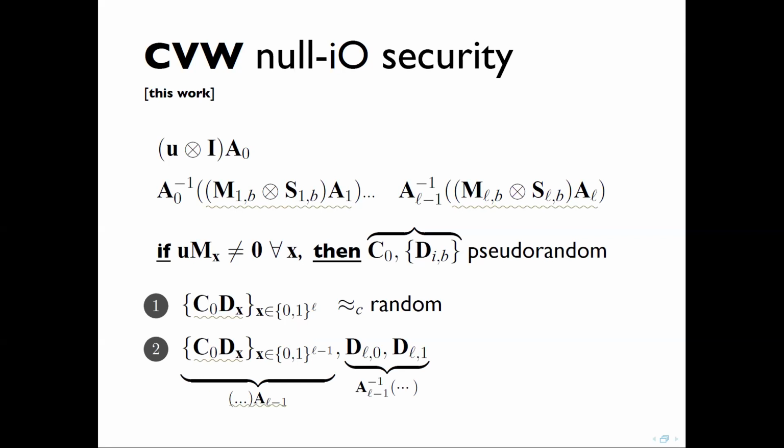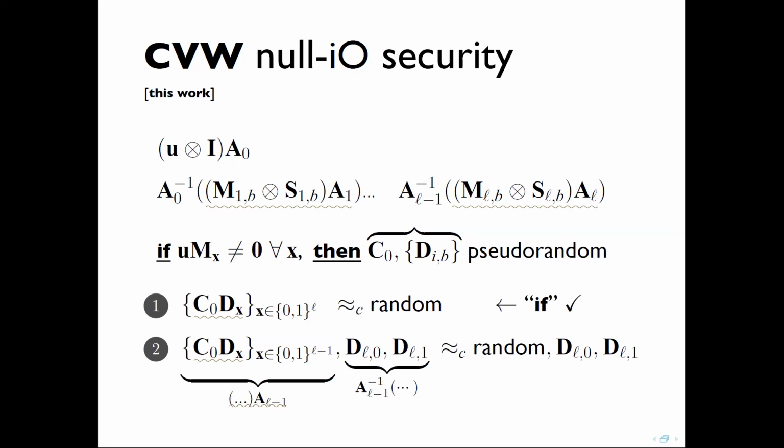So we can invoke our evasive LWE assumption with the matrix B being A sub L minus 1. When we apply evasive LWE, the if condition corresponds exactly to what we just showed in step 1, and therefore we may deduce that the then condition is true, which tells us that these 2 to the L minus 1 encodings are pseudo-random, even given the rightmost D encodings.